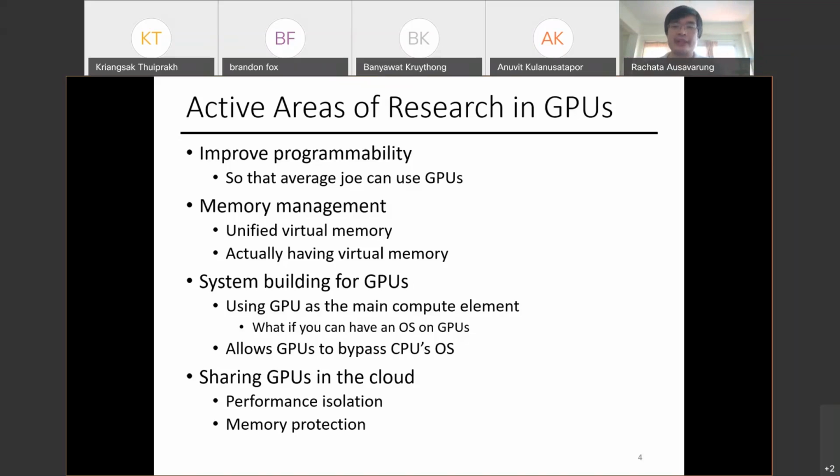Things like performance isolation. What does performance isolation mean? It comes from two words, performance and isolation. I want to be able to run a program and not feel whoever is sharing my GPU. I want to be able to use the cloud server and not have to realize that whoever else is running on that same computer is slowing me down.